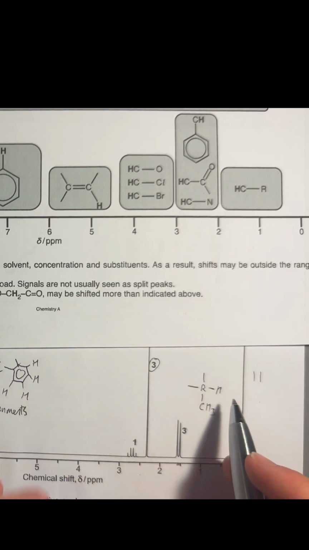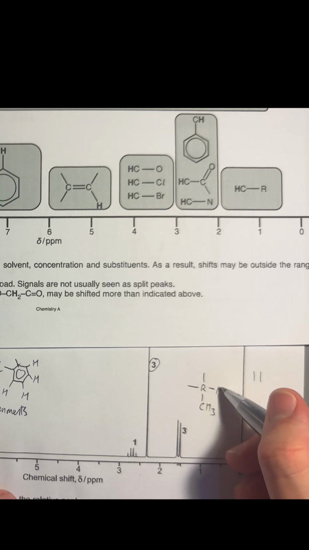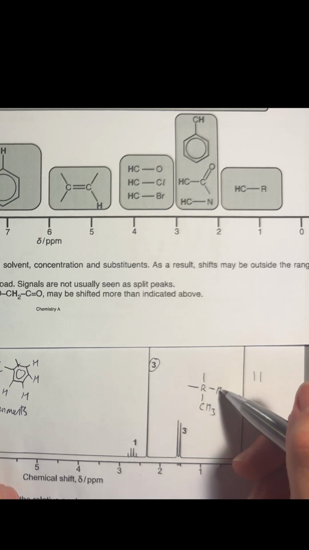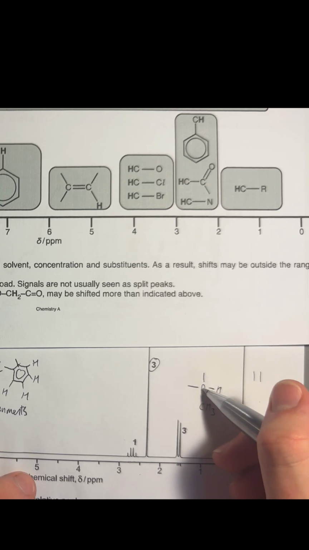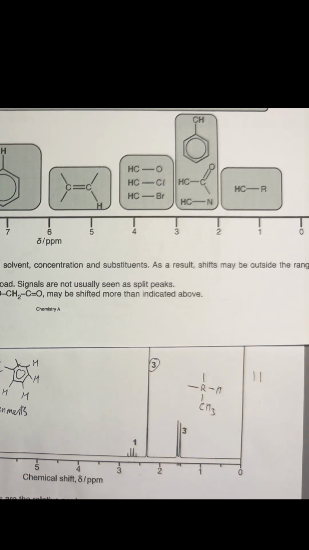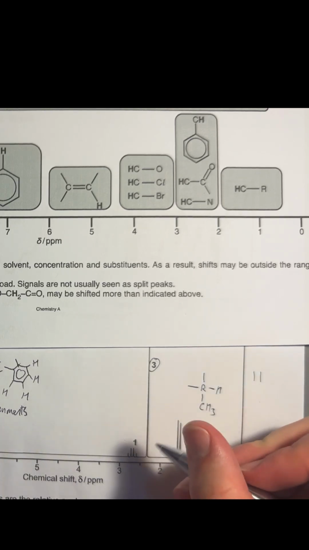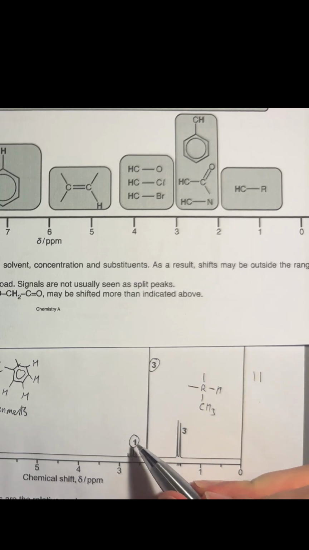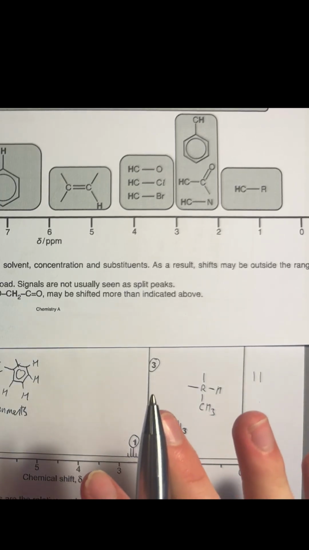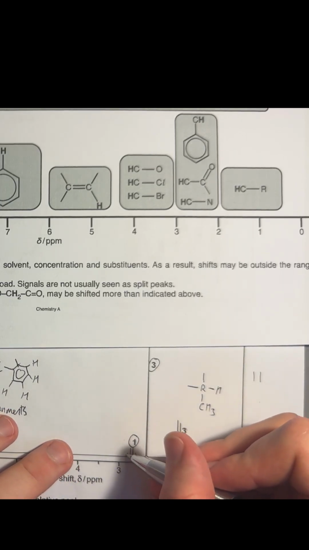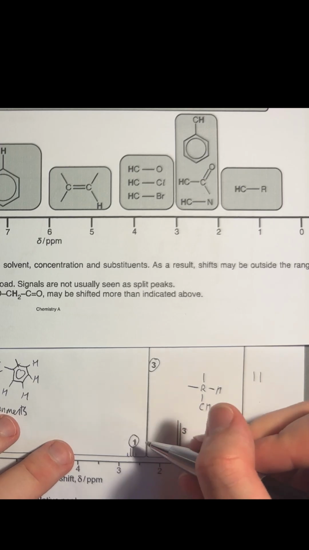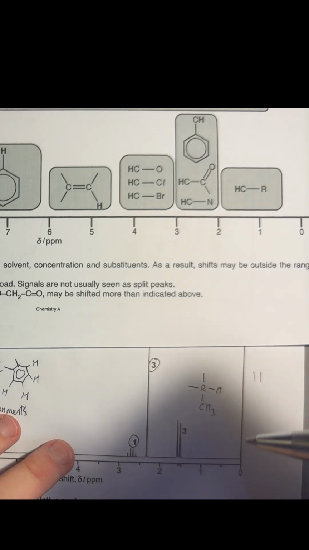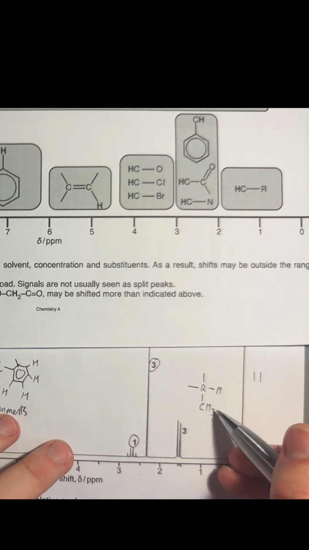As you can see here, this hydrogen is the only one in its environment. It's the only hydrogen bonded to this R. And if you look around, you can see there is something that correlates to that. There's only 1 hydrogen in this specific environment. That also correlates because you can see that this is a quartet, meaning that it's bonded to a carbon, bonded to a carbon which has 3 hydrogens.